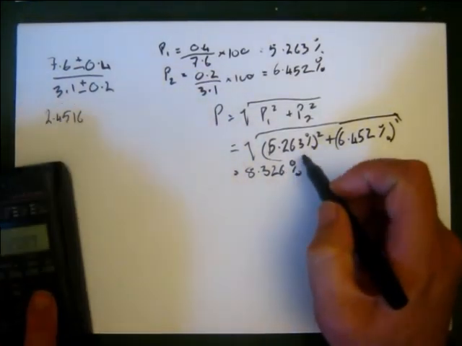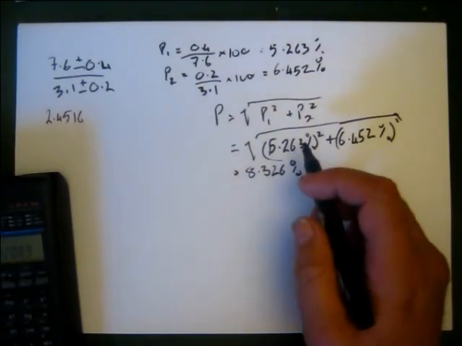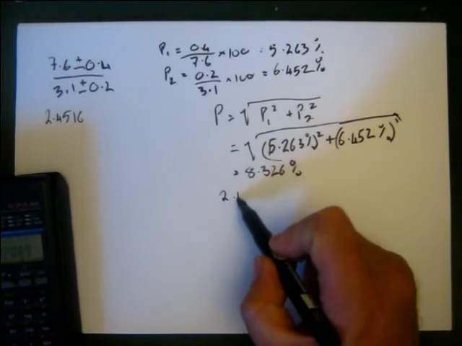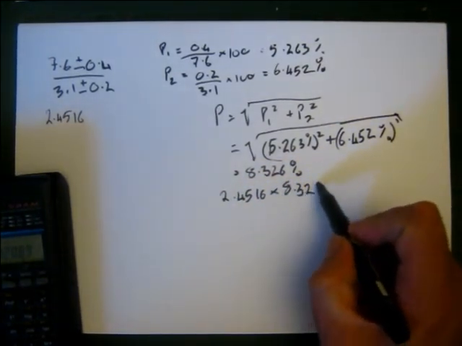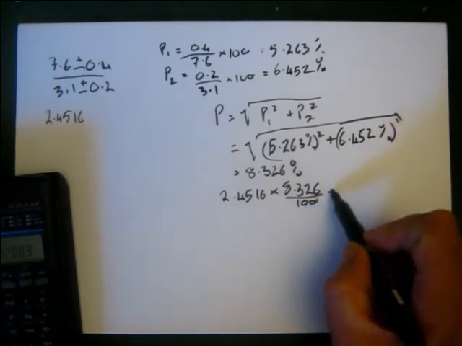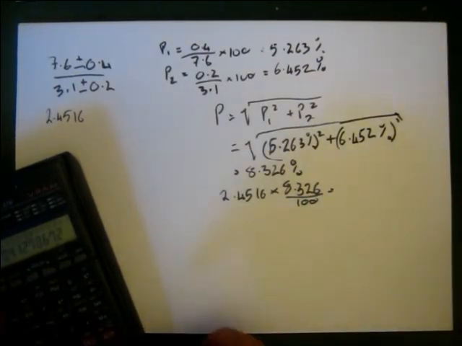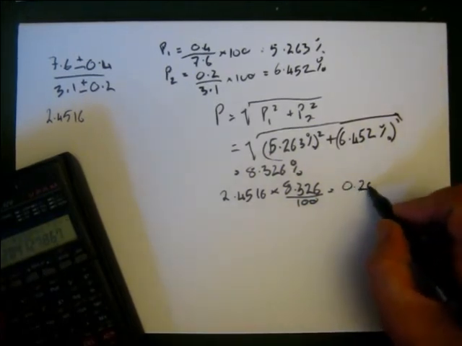Now we have to convert that into an absolute uncertainty, and it's uncertainty within a unit basically. So we're going to go 2.4516 times 8.326% equals 2.4516 times 8.326 divided by 100, which is 0.204.